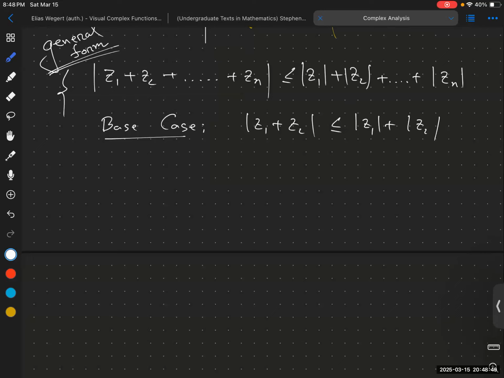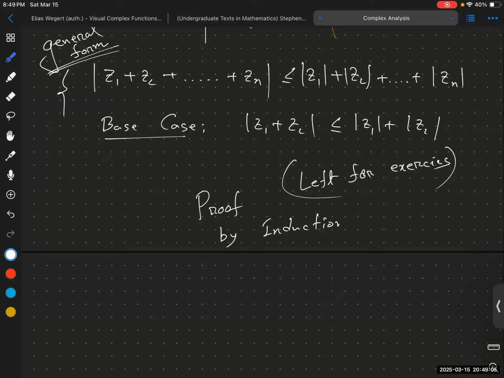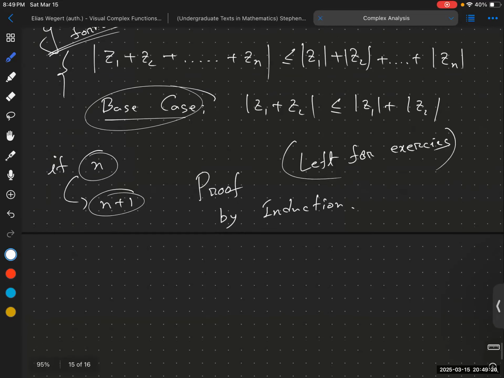So the proof is left as an exercise. You can use proof by induction. We already know that the base case is true, so we just need to check that if the case is true for n, then it will also be true for n plus 1. So you can easily prove the form from here.